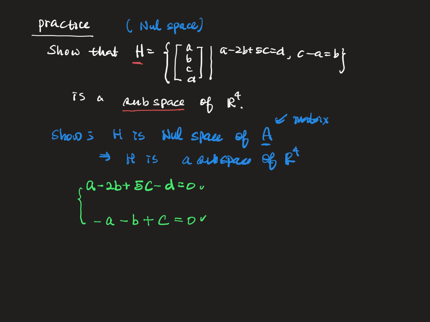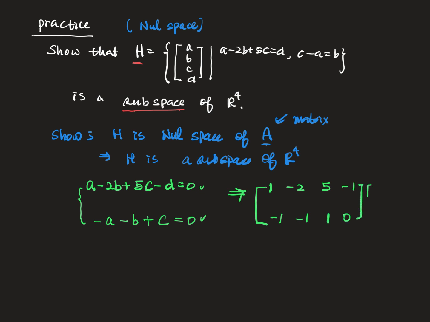Okay, guys? So I want to make this an augmented matrix. How can I make it? The coefficients: 1, negative 2, 5, negative 1. Second row: negative 1, negative 1, 0, no, 1, 1, 0.